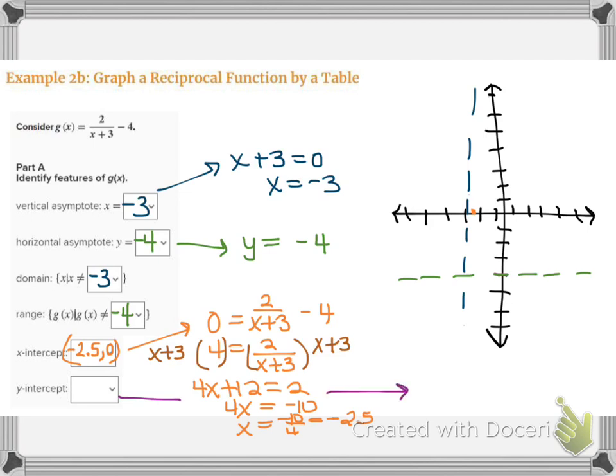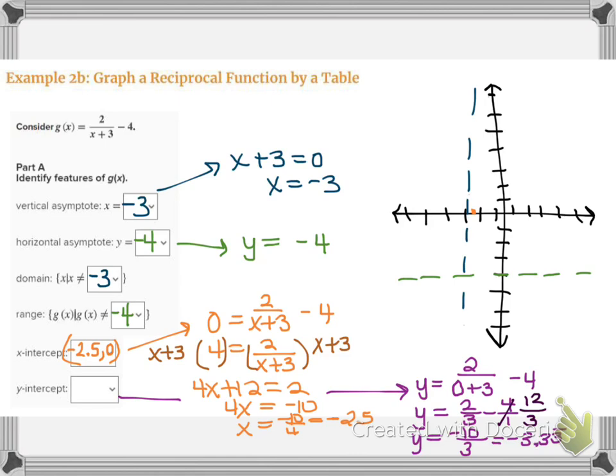Next, let's get my y-intercept, where I'm going to plug in 0 for x and solve for y. Solving, I needed a common denominator. Y equals -10/3, or negative 3.3 repeating. Let's put in our y here.